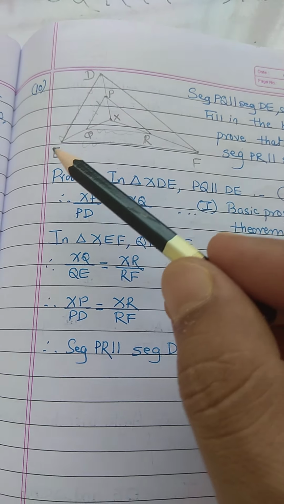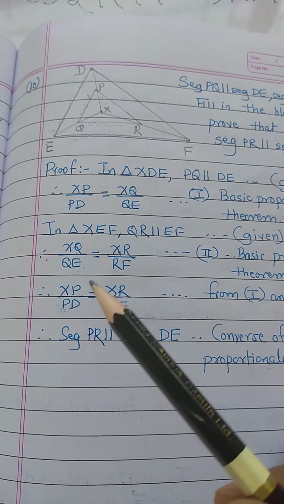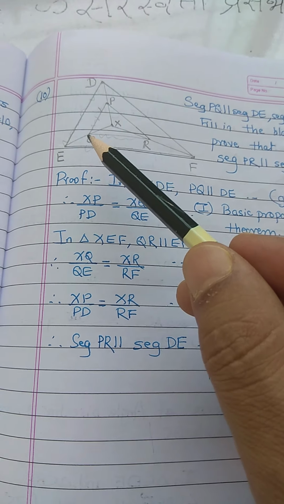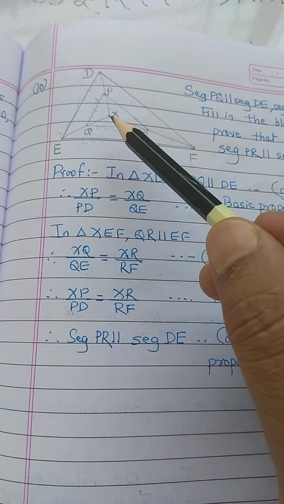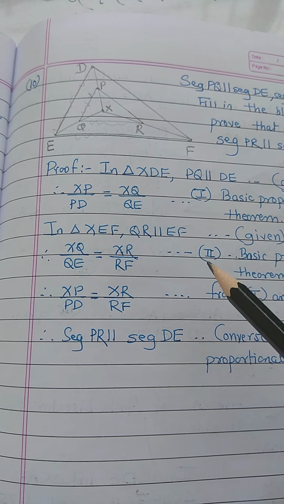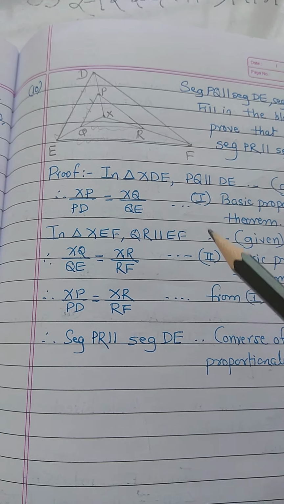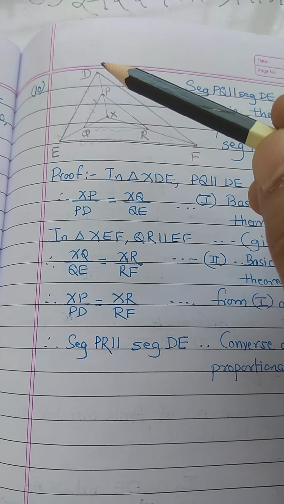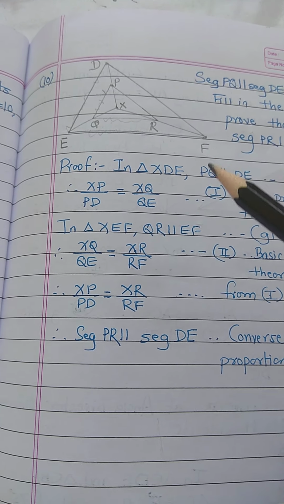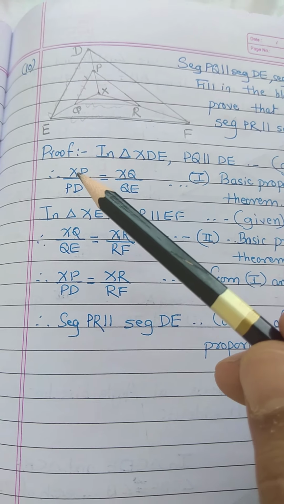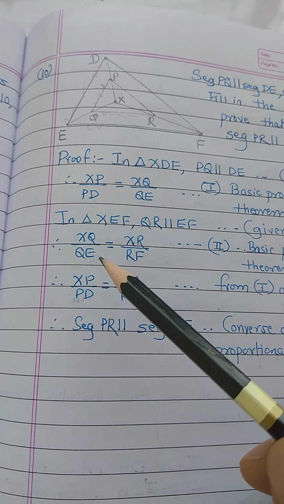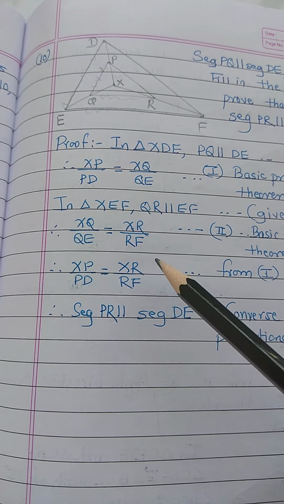Then in triangle XEF, by the basic proportionality theorem, we can write XQ upon QE should be equal to XR upon RF. By 1 and 2, we can conclude that XP upon PD should be equal to XR upon RF, because XP upon PD is equal to XQ upon QE and XQ upon QE is equal to XR upon RF.